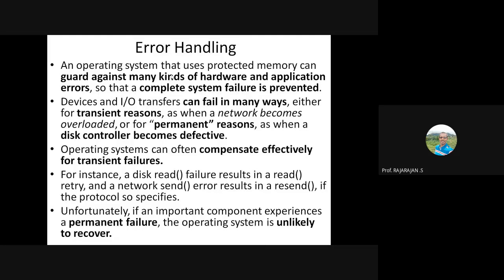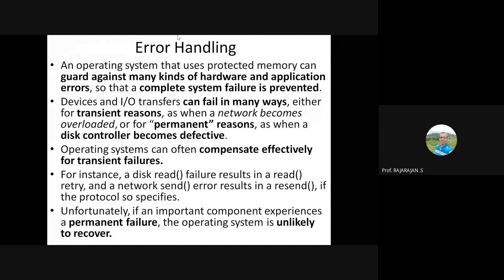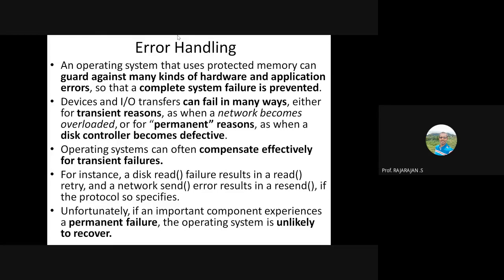Another responsibility of the kernel in IO management is error handling. Here I just want to point out two important points. There are two types of errors that could affect the devices: transient errors and permanent errors. Transient errors are like temporary mistakes, and they can be rectified easily.